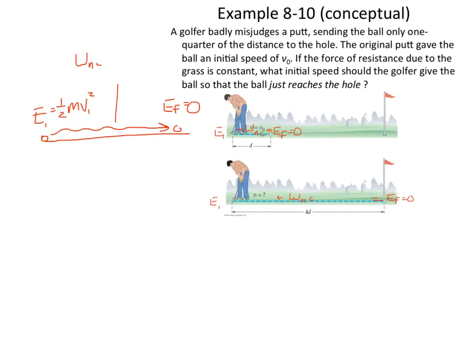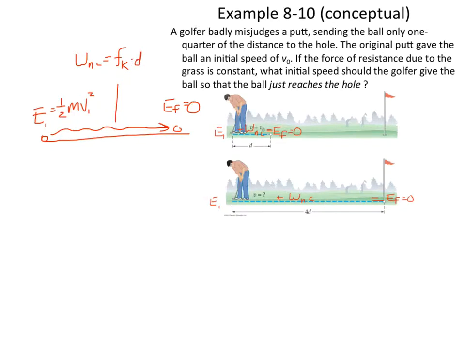But we're simply going to call it the friction force F_k. Since we don't know the coefficient of kinetic friction, we don't even know the mass of the ball, we're just going to call it F_k times our distance right there.